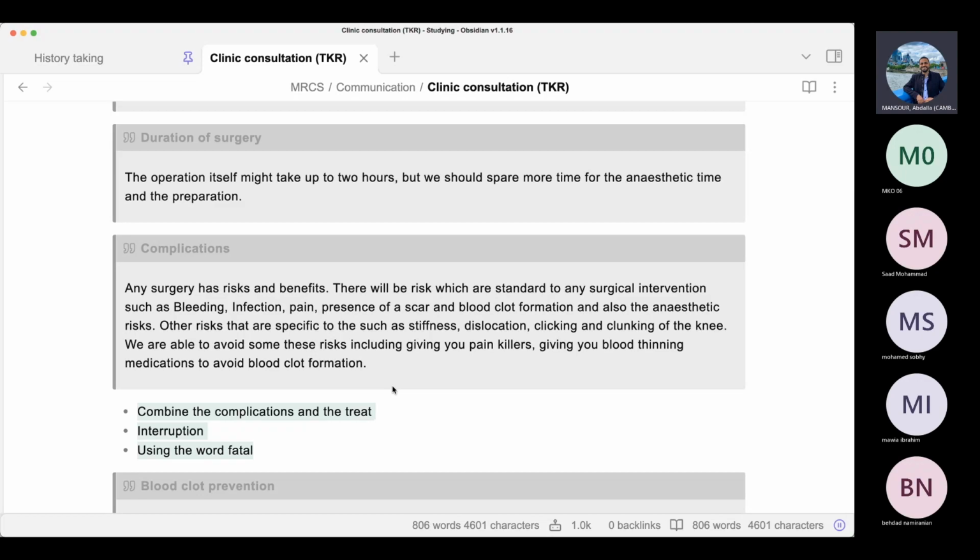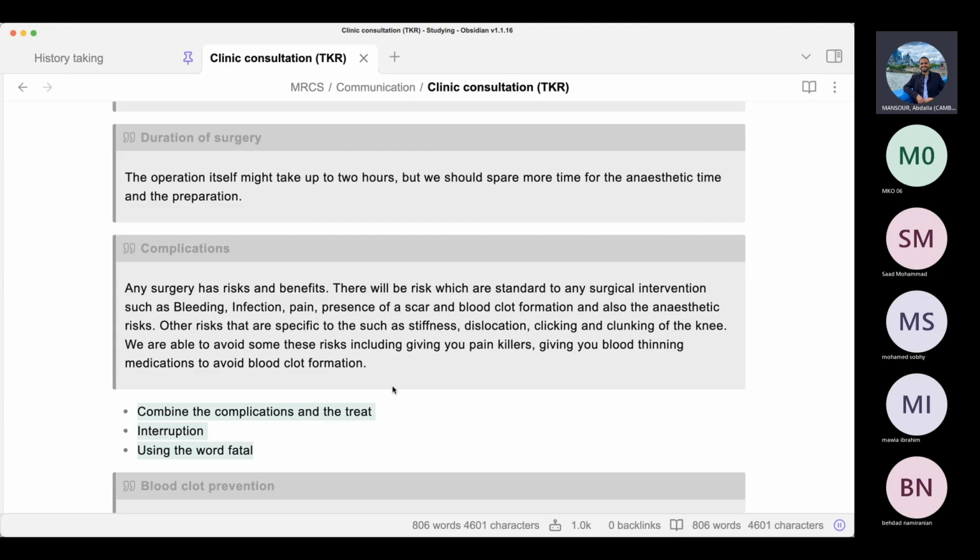So the way I'm going to present the complications, I'm going to say very clearly and try to raise your voice in the important areas. I'll say, well, there are some complications related to the anesthetics, and these are all standard risks. And this will be discussed with you by the anesthetic team. From my side, there might be some complication.